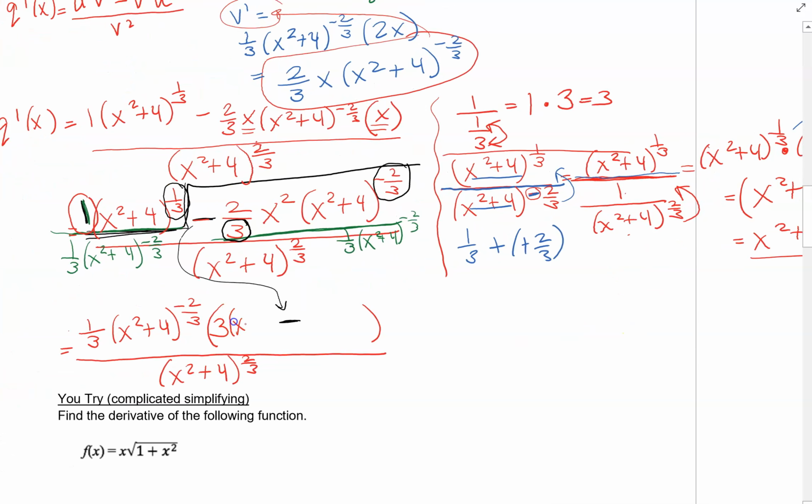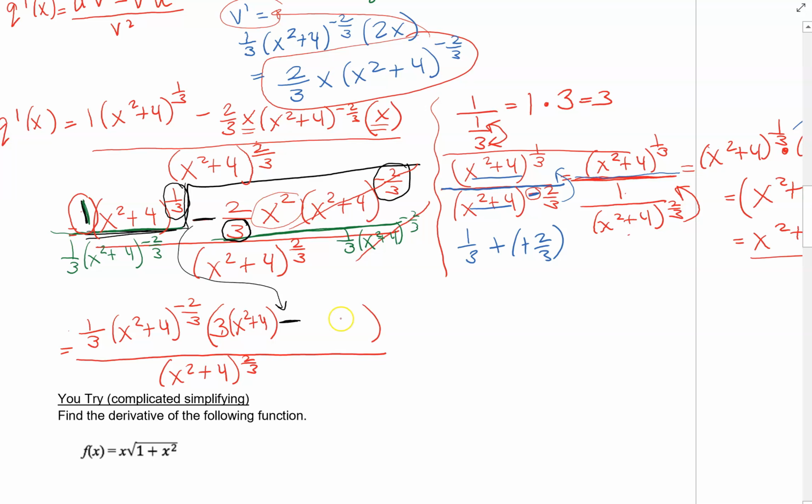So that's right here. So from the first term, when I factor out 1/3 times x squared plus 4 to the negative 2/3, I got the 1 turned into a 3, and the x squared plus 4 to the 1/3 turned into x squared plus 4 to the first. Now from this expression, the x squared plus 4 to the negative 2/3 will cancel out.